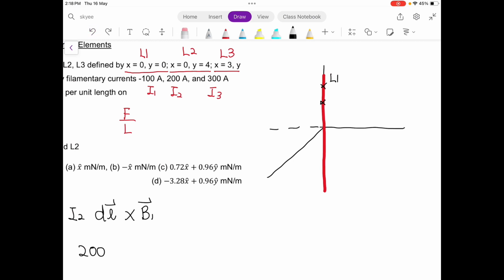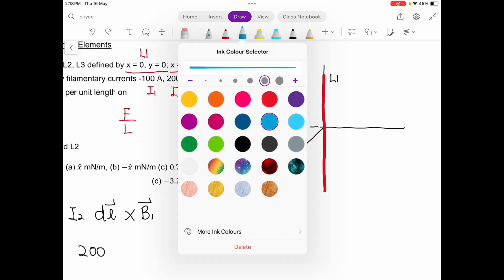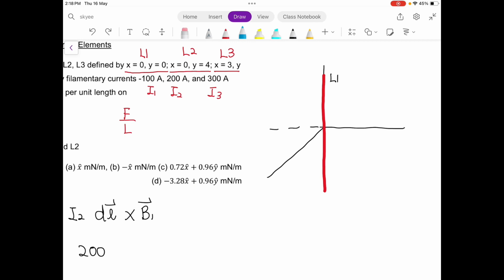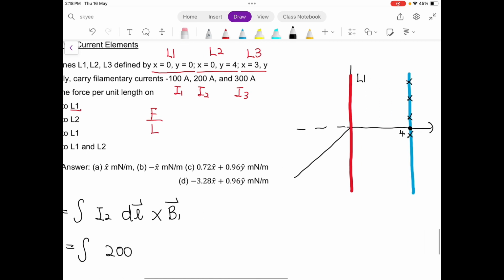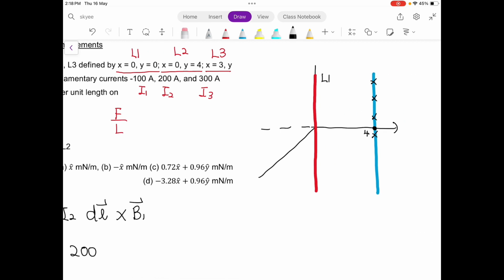We go to L2. L2 is X equals 0, Y equals 4. This one will be another line, which is this one. All the points here have X equals 0 and Y equals 4. Then you have one more, X equals 3, Y equals 4, which would be over here.